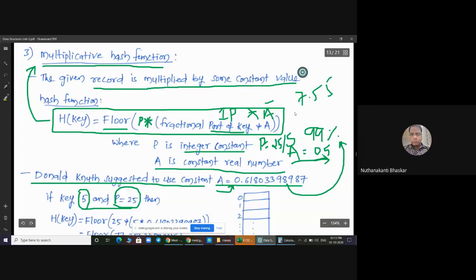Floor means you don't consider the fraction part; you consider only the integer part. So that's why we apply floor. This is the multiplicative hash function.